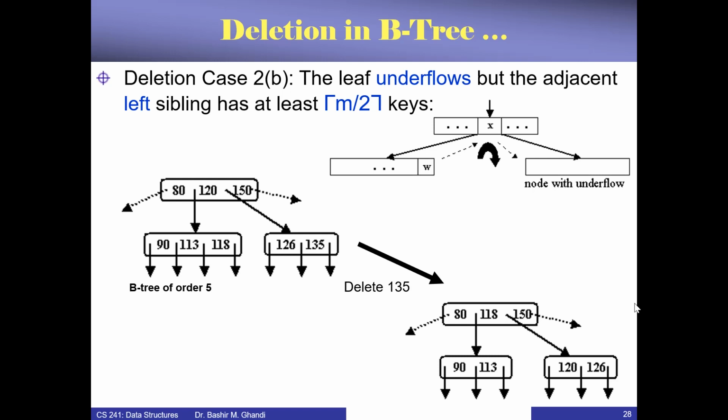Either you borrow from the left or you borrow from the right. Usually the question will ask you to do it in a specific way. It will say if you have two options, do it with the left sibling or with the right sibling. So you have to know how to do it in both ways.